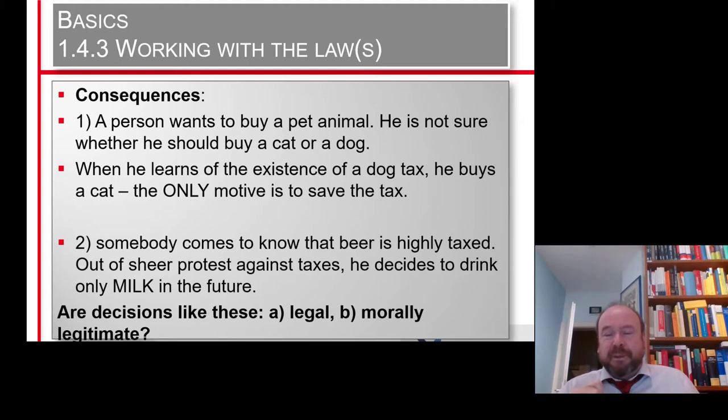So that would be avoiding the tax in a legal way, because only as a holder of a dog you would be taxed according to the wording of the law. There is no possibility to tax somebody who has a cat which believes it is a dog.